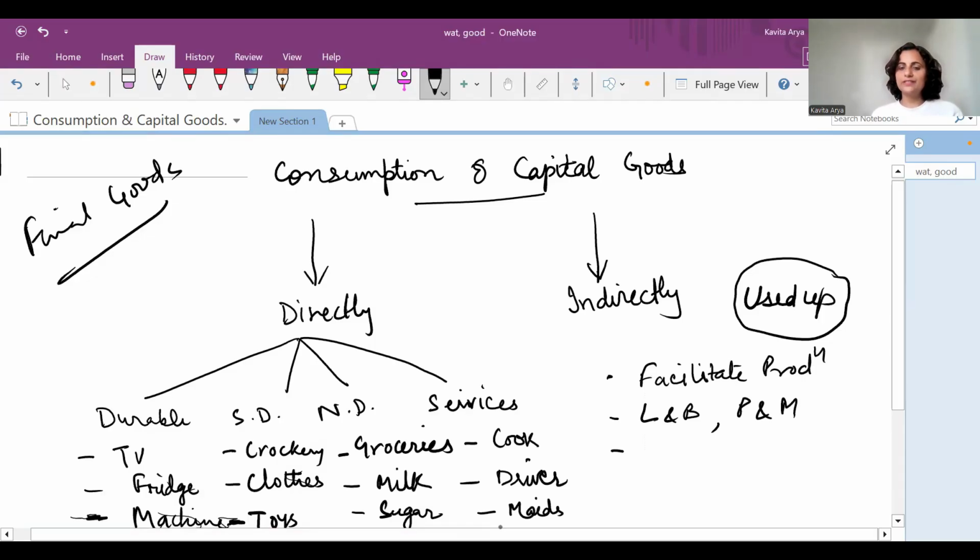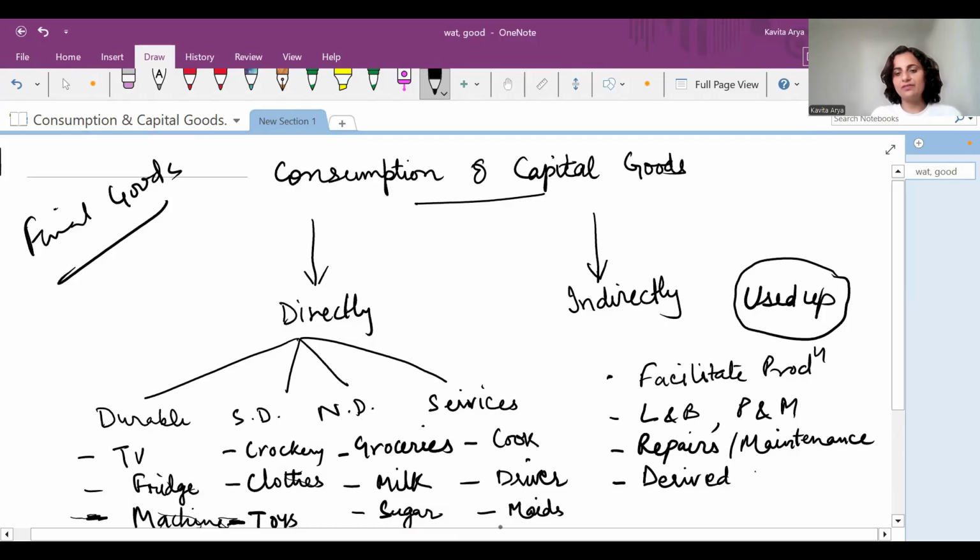What is another feature? Every year we create some reserves for them because these do depreciate. It means we have repairs, maintenance, and replacements required to keep up their production capacity. And they also have a derived demand.